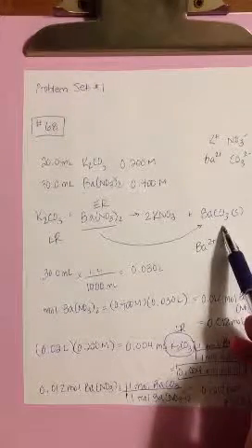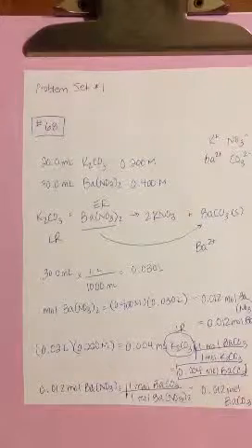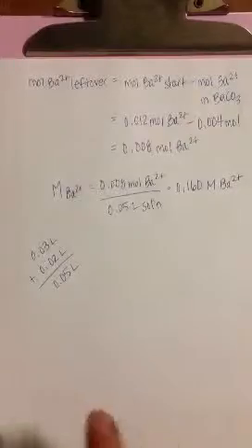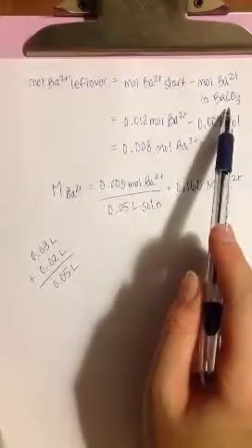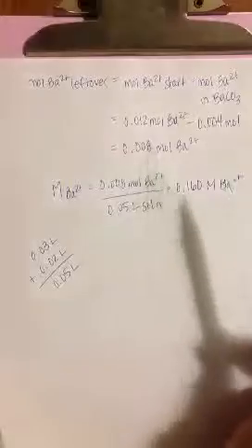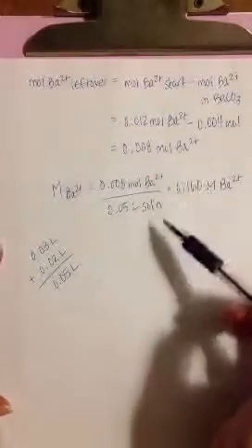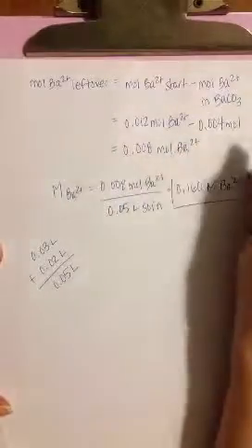Then I found out how much barium carbonate I made, 0.004 moles. Then I realized that I needed to figure out how much was left over by subtracting what was in the precipitate from how much I started with, and that will tell me how much is just hanging out in solution. Found the moles, divided by the total liters to find the molarity, so this is my final answer.